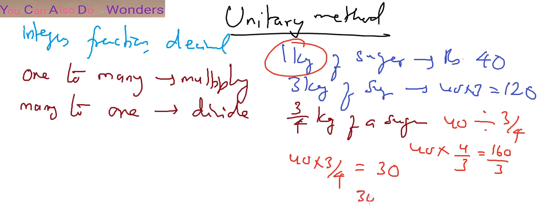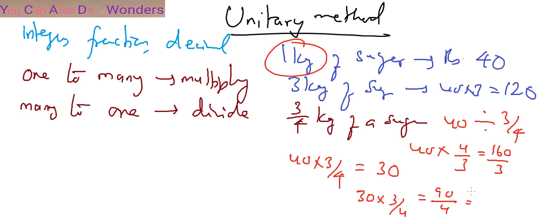So we multiply 30 into 3/4, it will be 90/4. So it will be less than 30 rupees. Obviously it's wrong, because 3/4 of a kg is 30 rupees, 1 kg should be more than 30.